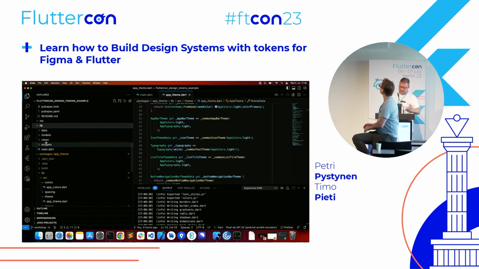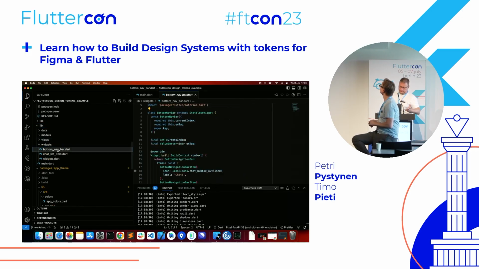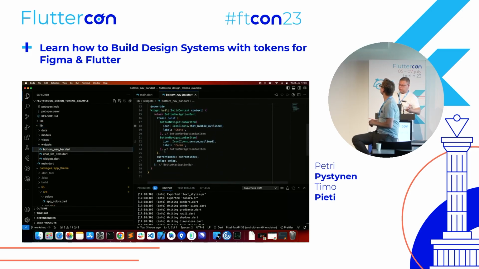Let's see, the bottom app bar widget, you don't see any style here. They are all overridden with the theme. But if you would like to have even a custom component, then you would apply them here. This is a global styling.